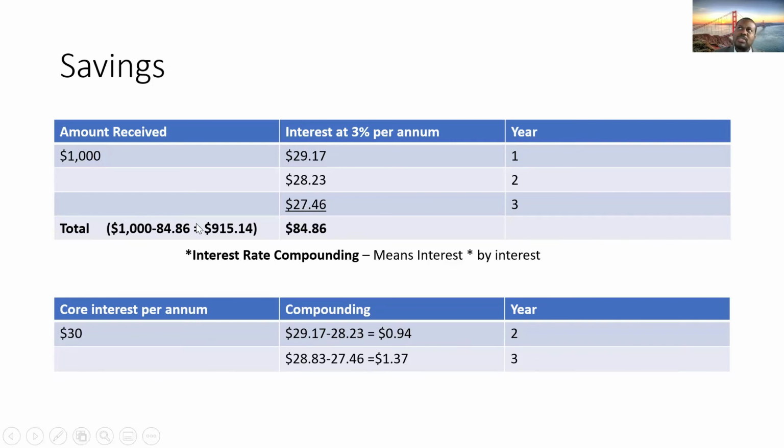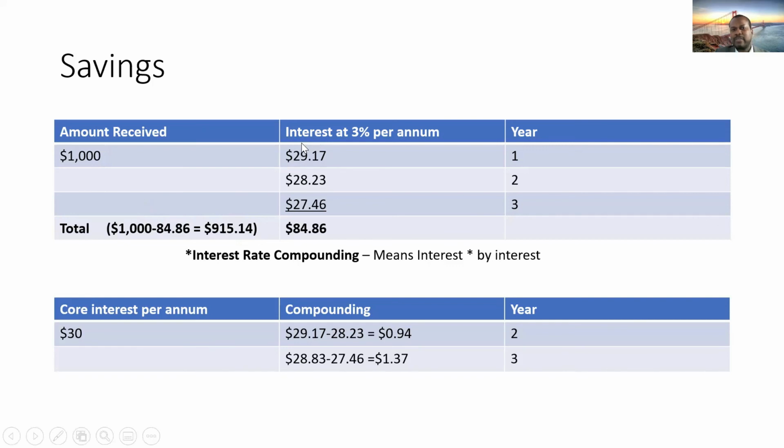So we see technically 1,000 today is worth 915.14 three years ago. So technically there was an erosion of 84.86. So 84.86 is somewhat lost over that period. In real terms, though we receive 1,000, it's technically not 1,000, it wasn't 1,000 3 years ago.